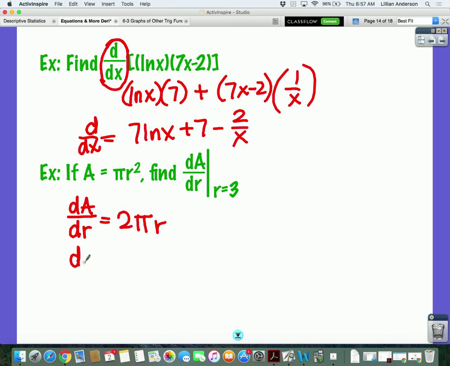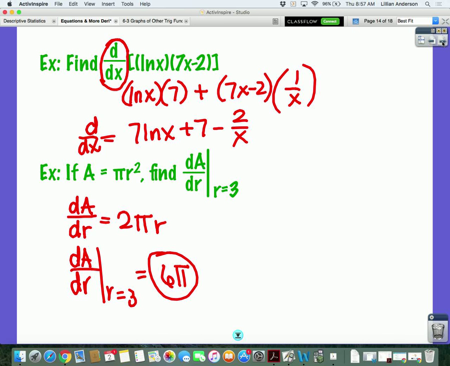So now we're going to evaluate when r equals 3. So we just plug that in, and our final answer is 6 pi. I just wanted to do that. It works the same way with volume of a sphere. When you take the derivative of that, you get surface area of a sphere.